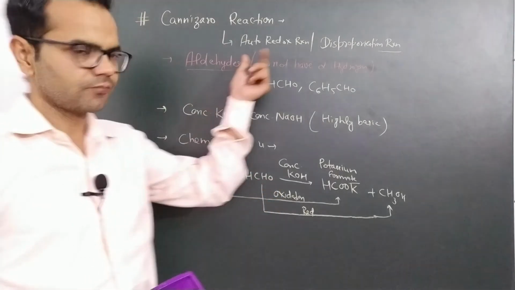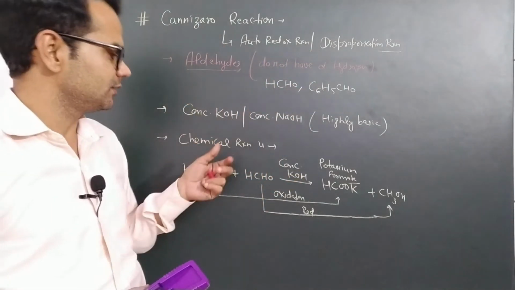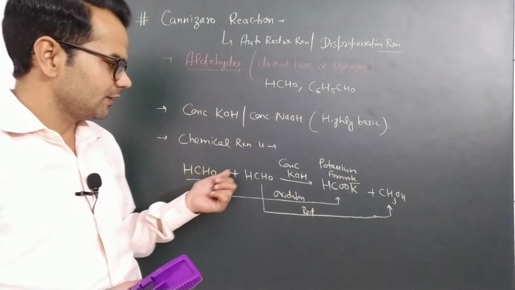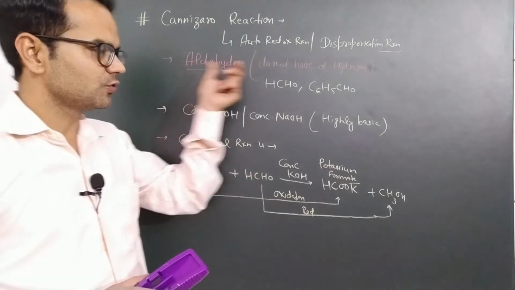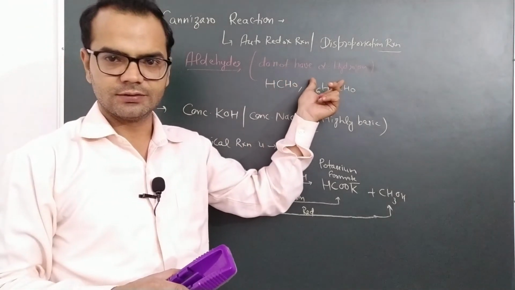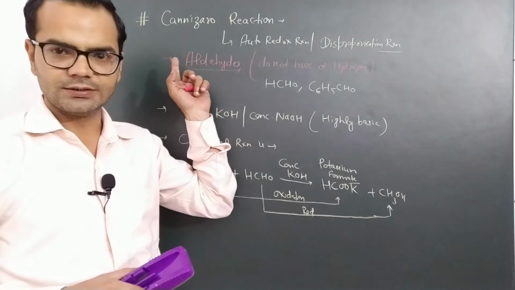That's why it is called auto-redox reaction. So Cannizzaro reaction involves simultaneous oxidation and reduction of aldehydes which do not have alpha hydrogen. The aldehydes which possess alpha hydrogen undergo aldol condensation.